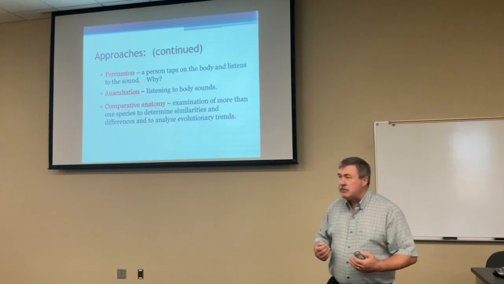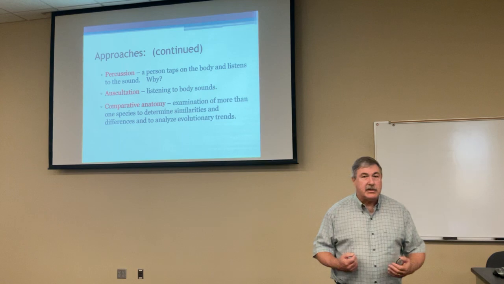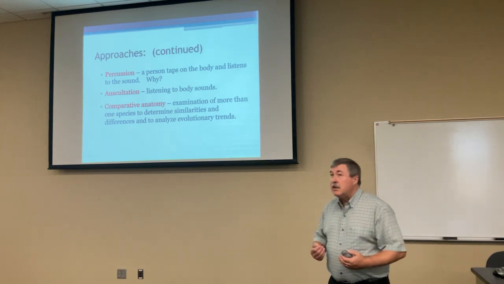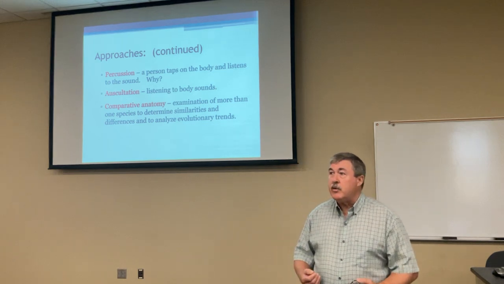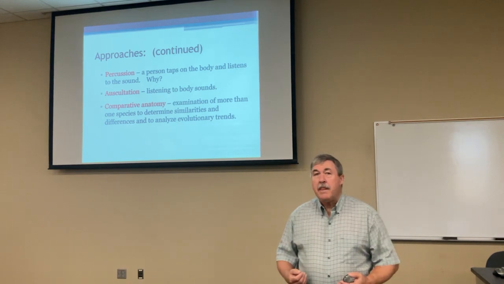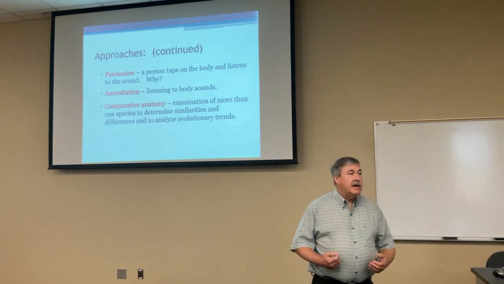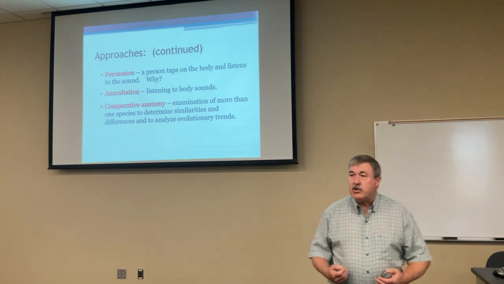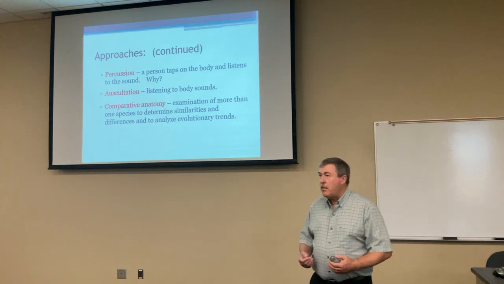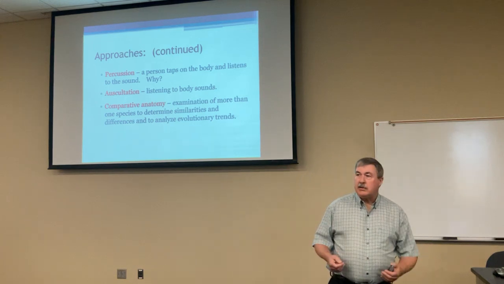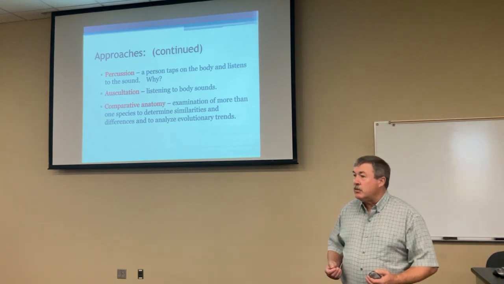Comparative anatomy goes back a long ways, well over 1,000 years, probably more than 2,000 years, because during the early years of the study of human anatomy, there were laws against dissecting cadavers, because the church considered that desecration of the body, and so anatomists weren't allowed to, at least they couldn't do it out in the open. They weren't allowed to dissect cadavers.